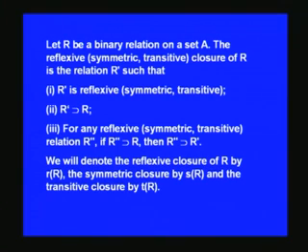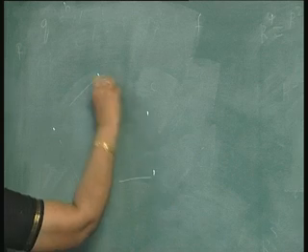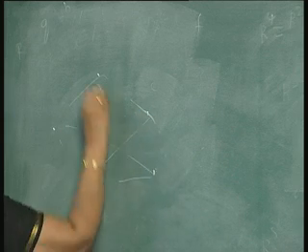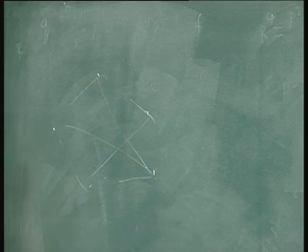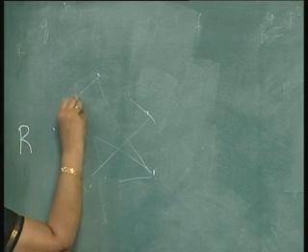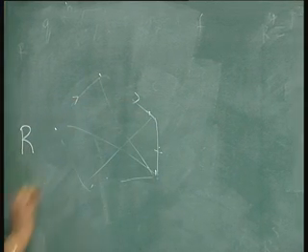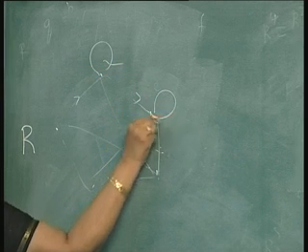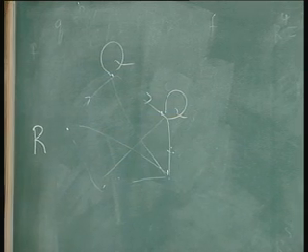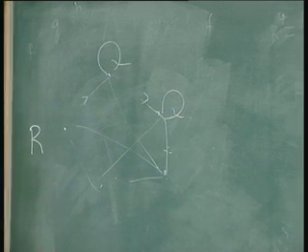Okay. In a crude or very naive way, you can define it like this. Let R be a binary relation, and you can represent it by a directed graph. It may have some self loops, it may not have all self loops.